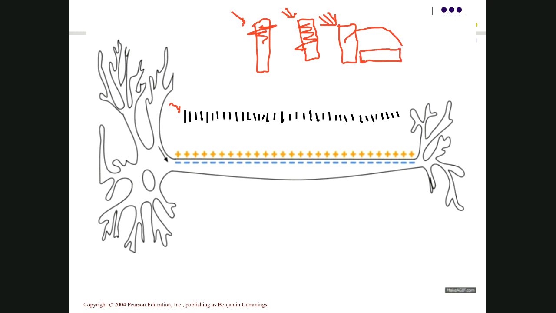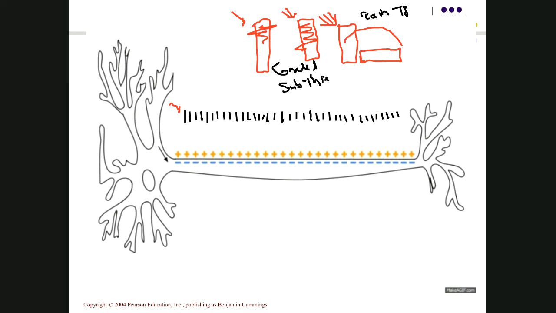So look, these are like those graded potentials that were too small. They were sub-threshold. But this one reached threshold. And if you reach threshold potential, it's going to fall over.